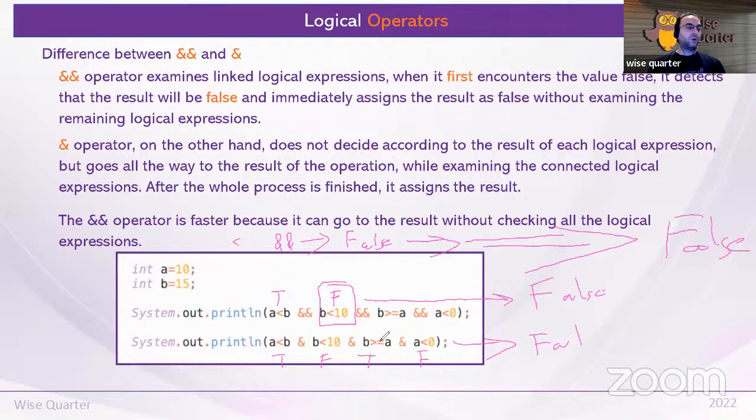It is the same for both of them. The speed changes if there is a false statement in the code. Just remember that the double AND operator is faster than the single one, and it does not check all of them. Whenever it sees a false, it will tell you the result.